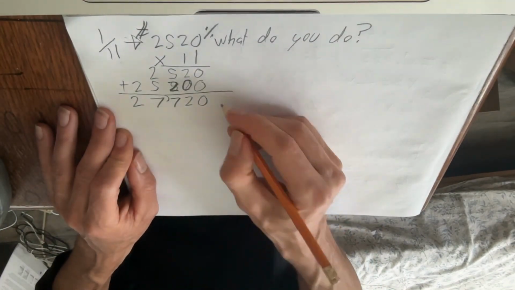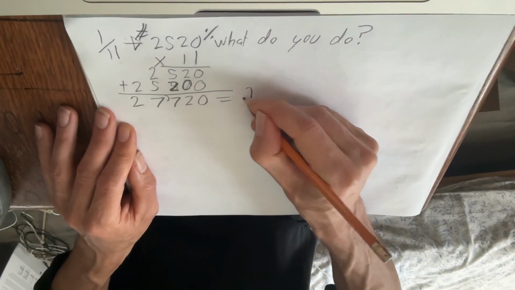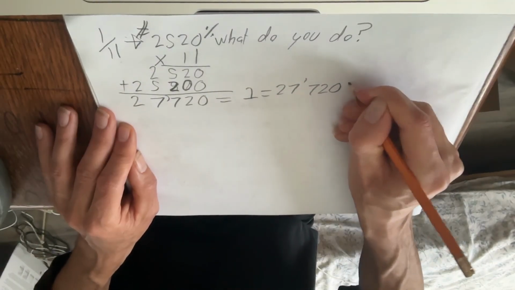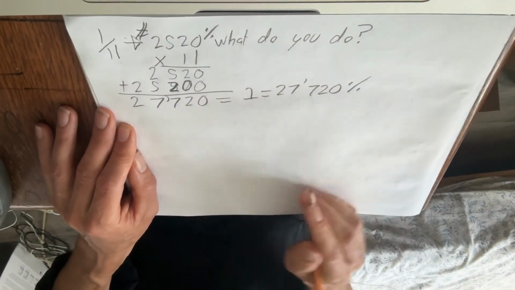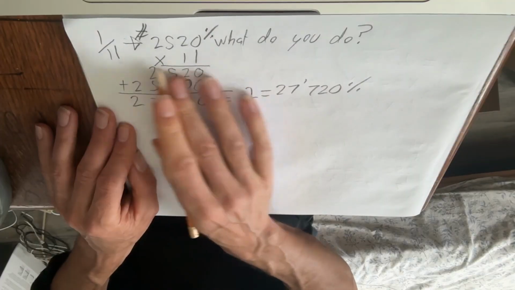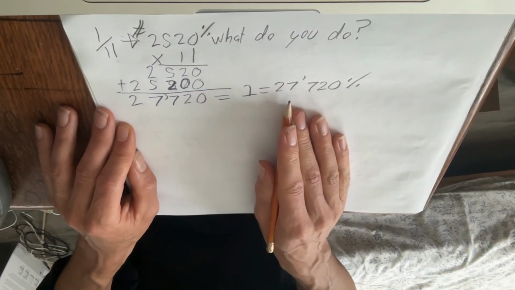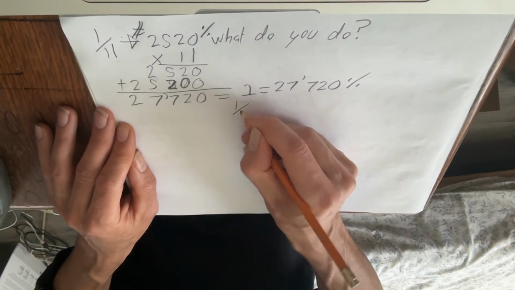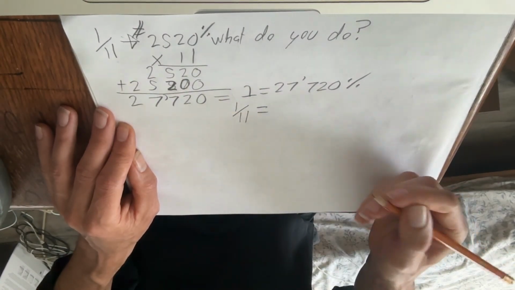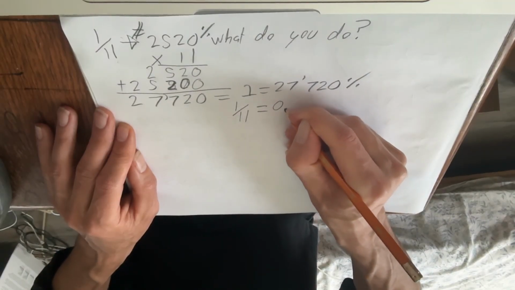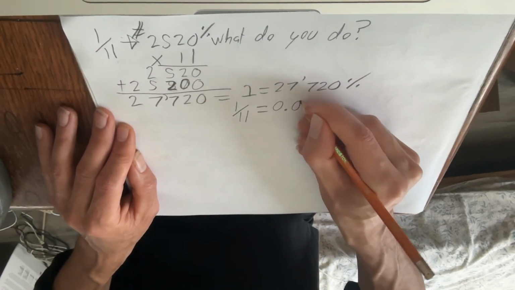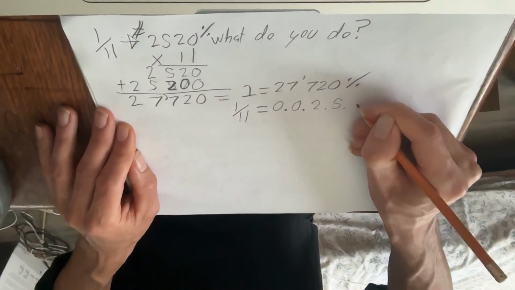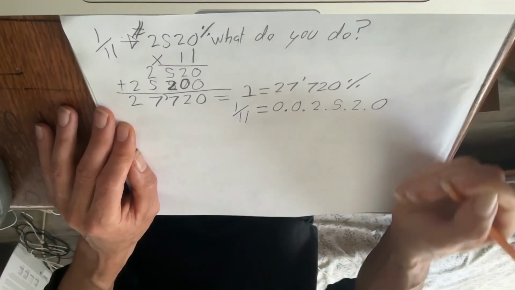But when our new percentage now becomes 1 equals 27,720%, then 1 over 11 going into 27,720 as a percentage is now represented as 0 decimal 0 decimal 2 decimal 5 decimal 2 decimal 0.